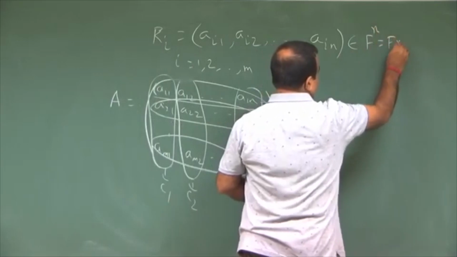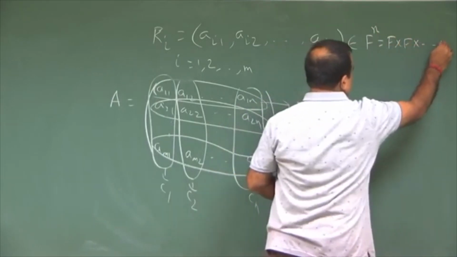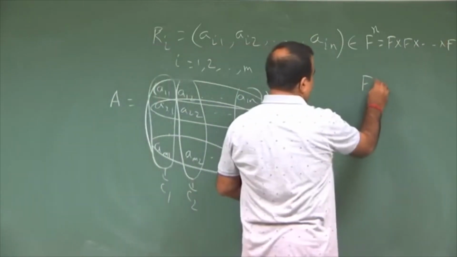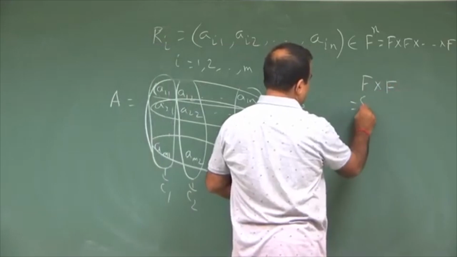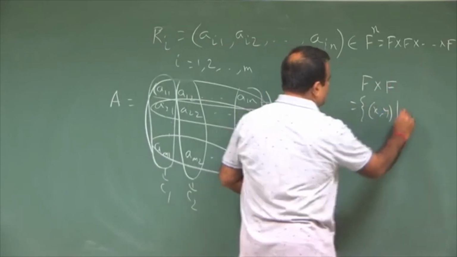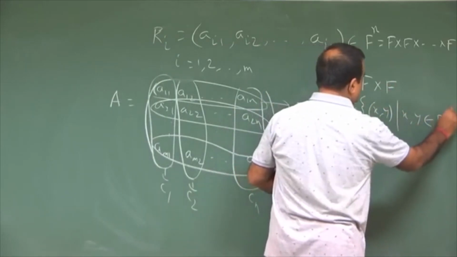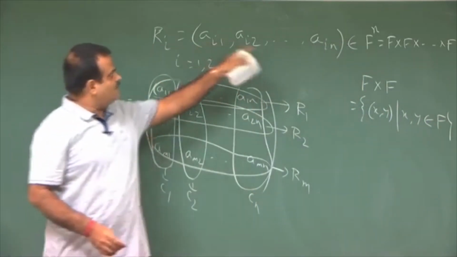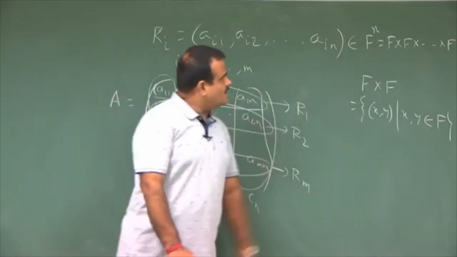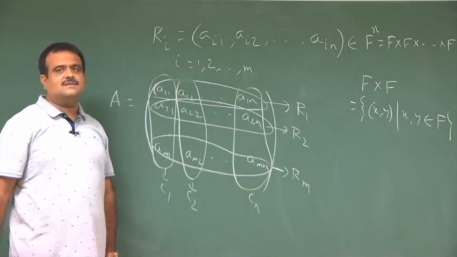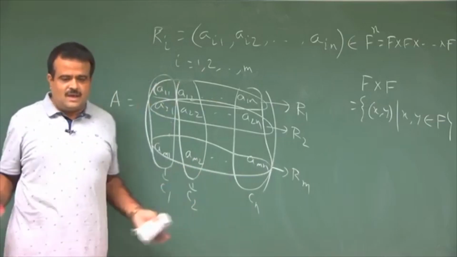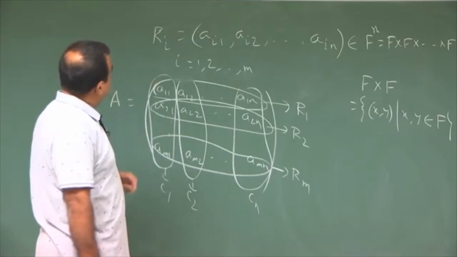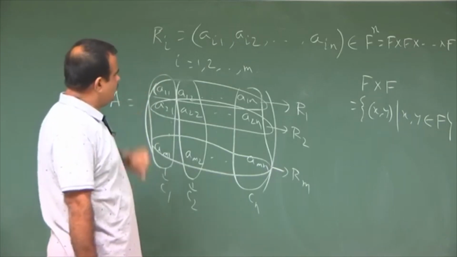This is nothing but the Cartesian product n times. F cross F is the set of pairs x y, where x and y are both coming from F. This is the Cartesian product 2 times, but if it is an n-tuple, it comes from F to the power n. So if F is R, this is coming from R to the power n. This is the ith row.